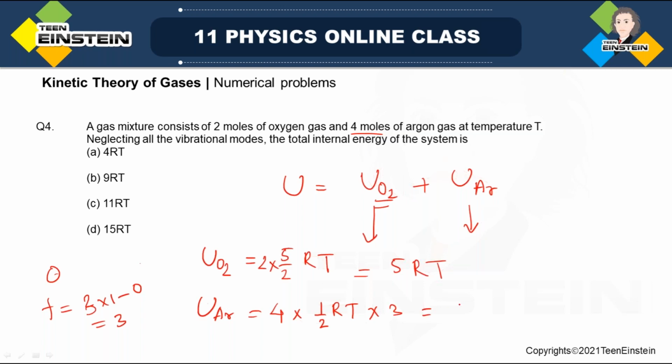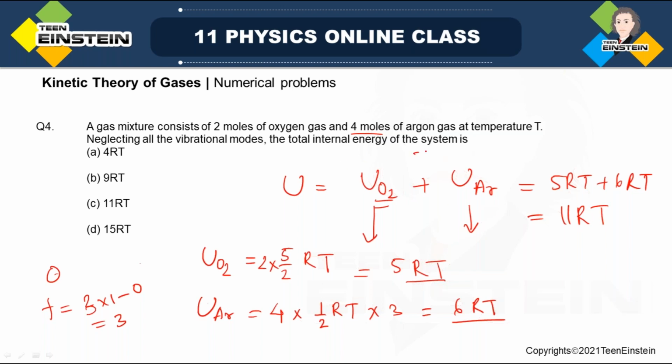So you get 6 RT here. If we just add these two, 5 RT plus 6 RT, this will give rise to 11 RT.